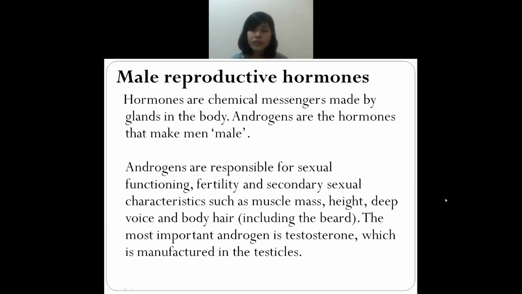So all these are the changes which you will find in a man, and that is because of the androgen.